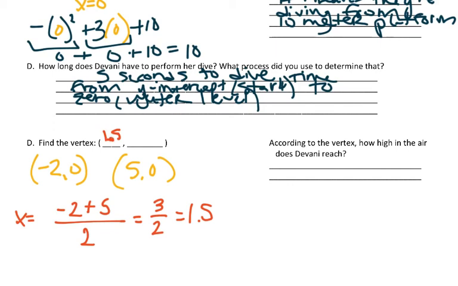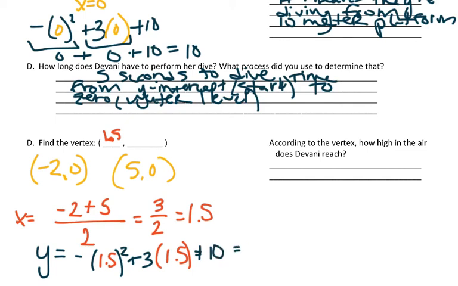The next piece is plugging that 1.5 into the equation. So to get our y, we need to take -1.5, the quantity squared, plus 3 times 1.5 plus 10. If we break it down into pieces, -1.5 squared is -2.25.